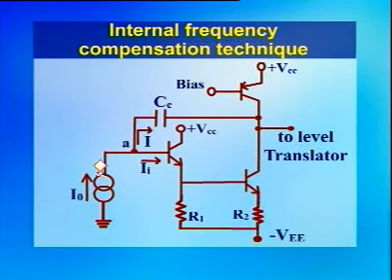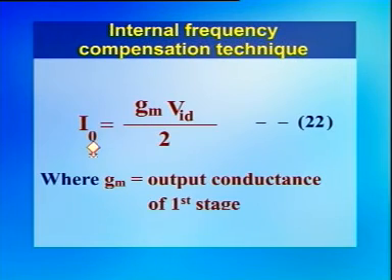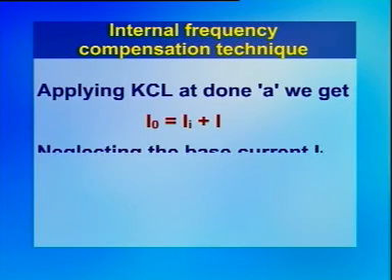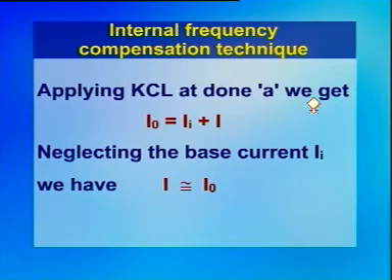In the figure, the current I0 is the current coming out of the first stage and is given by I0 equal to Gm VID by 2, where Gm is the output conductance of the first stage. Applying KCL at node A, we get I0 equal to II plus I. Neglecting the base current II, because II is very less than I, we have I approximately equal to I0.